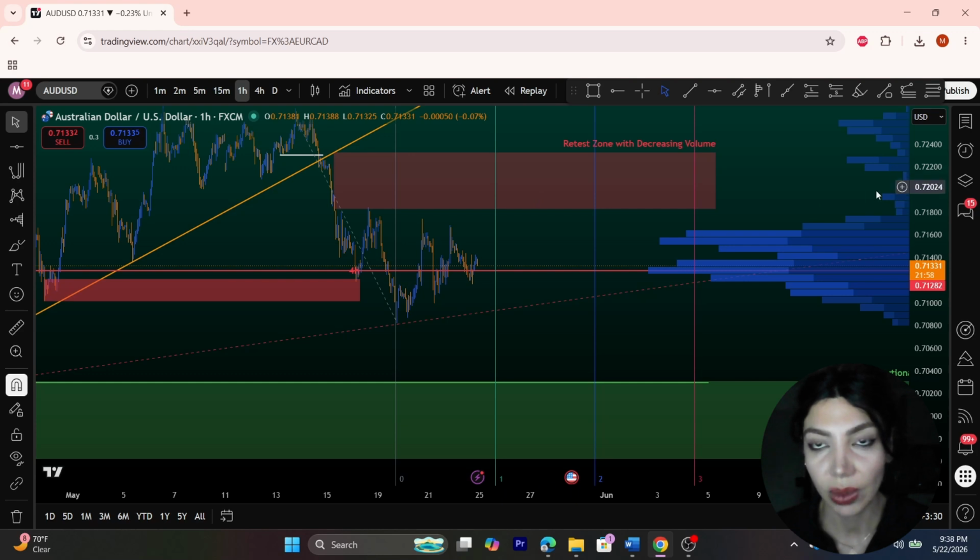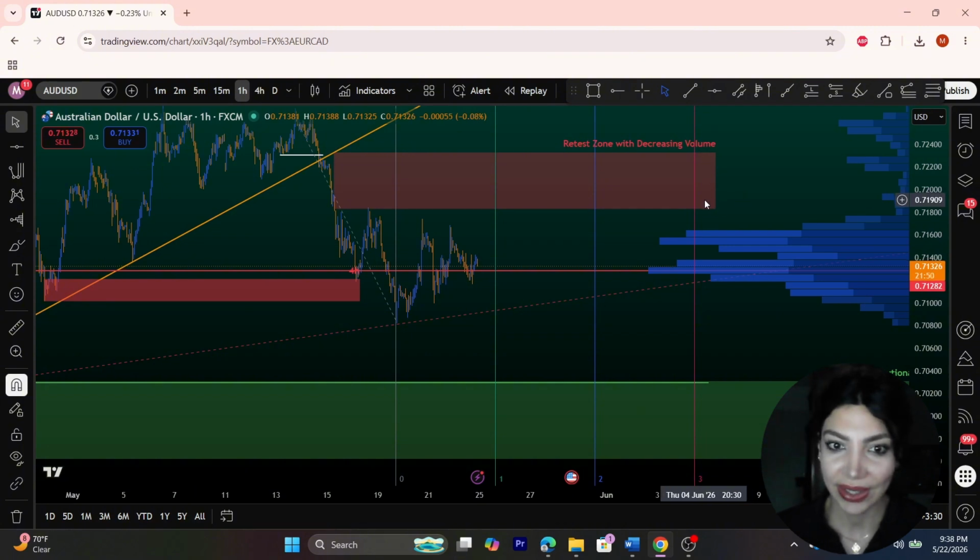If you could check the volume here, the markets often revisit low volume regions to rebalance liquidity before continuing in the dominant direction.